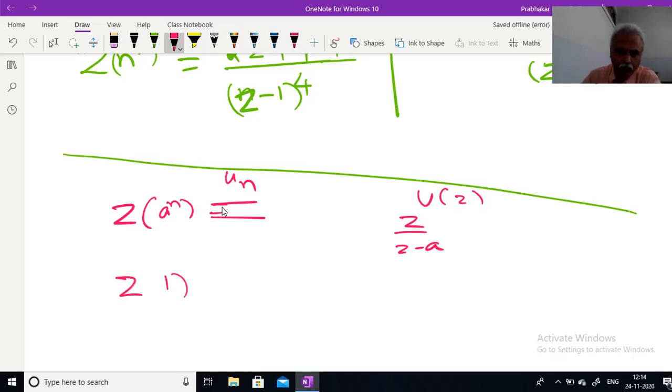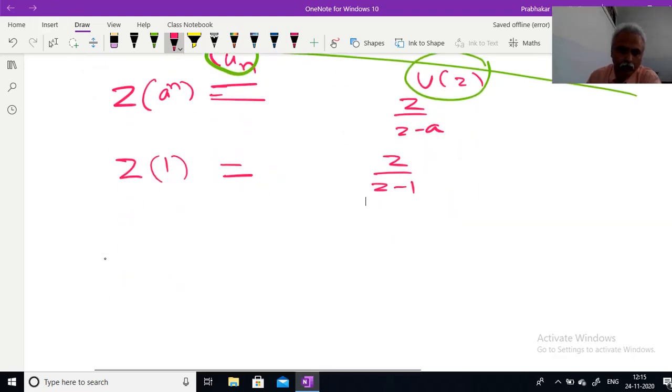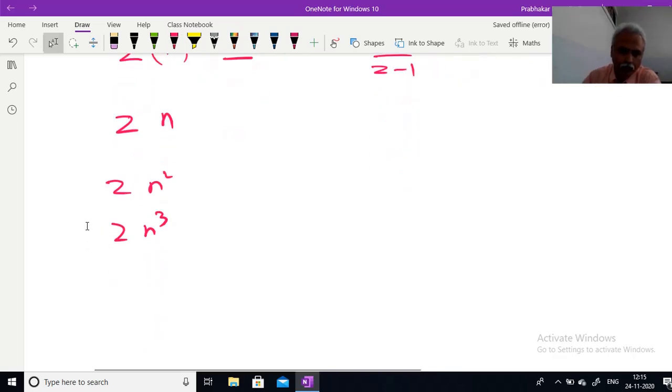Z transform of 1 you found as z by z minus 1. Then we went on proving for z transform of n square, n cube and n raised to 4.